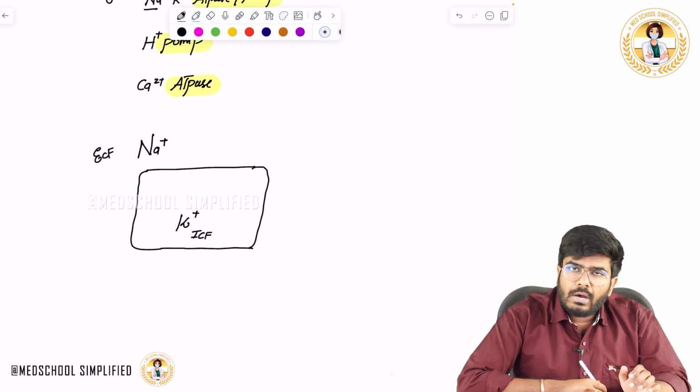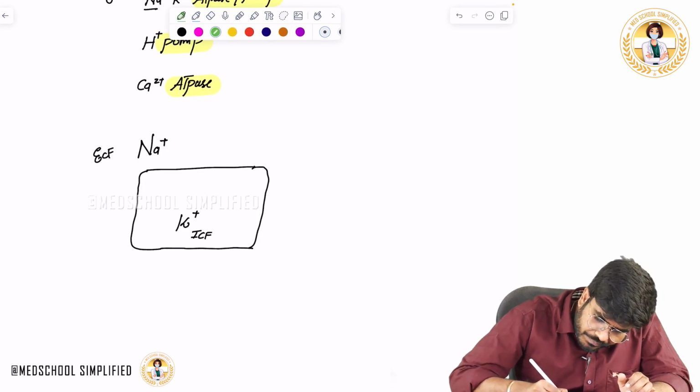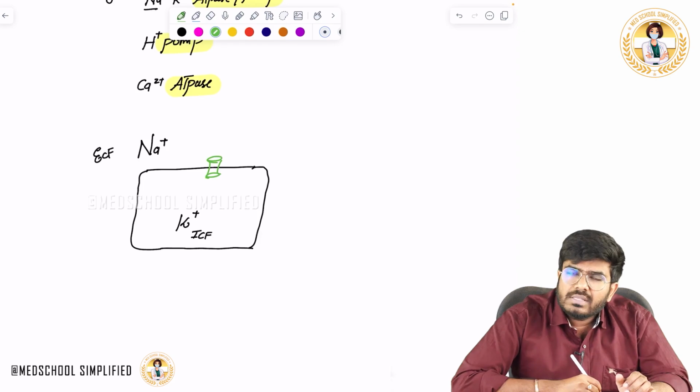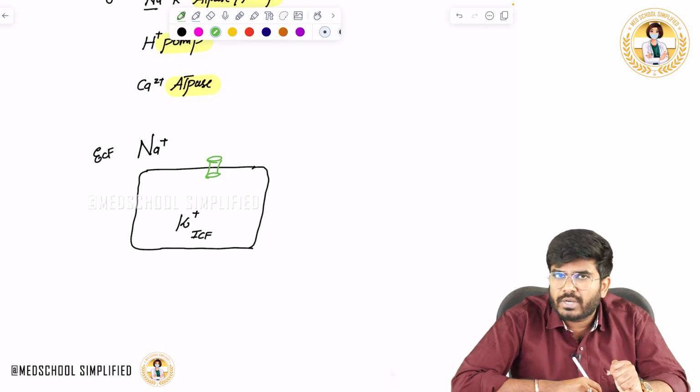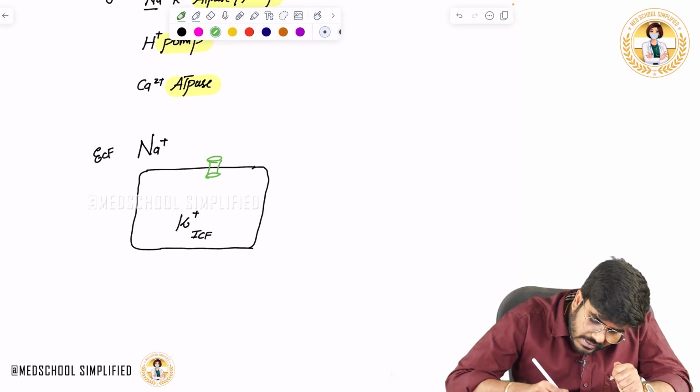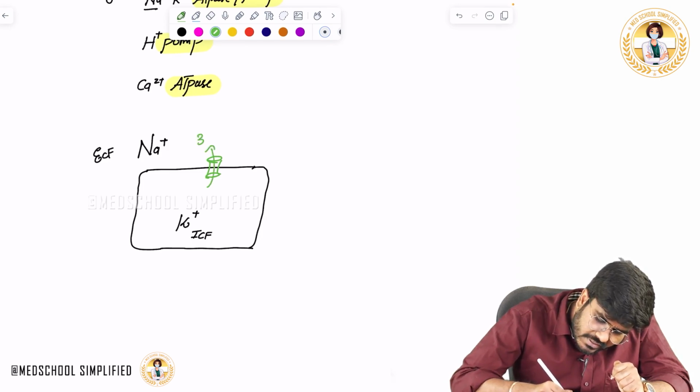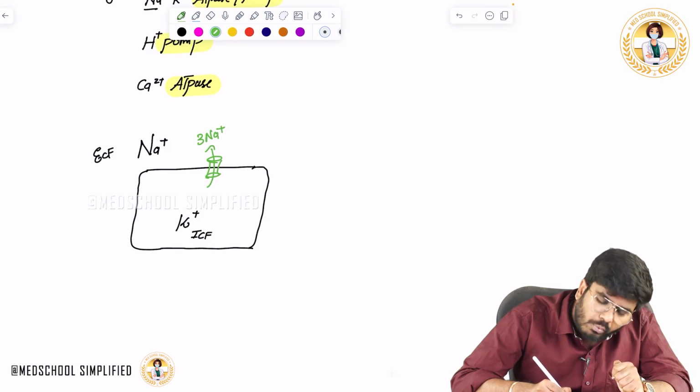Now, here there is a transporter. What is this transporter doing? The sodium potassium ATPase, the thing I am showing in green, first throws 3 sodium out of the cell.